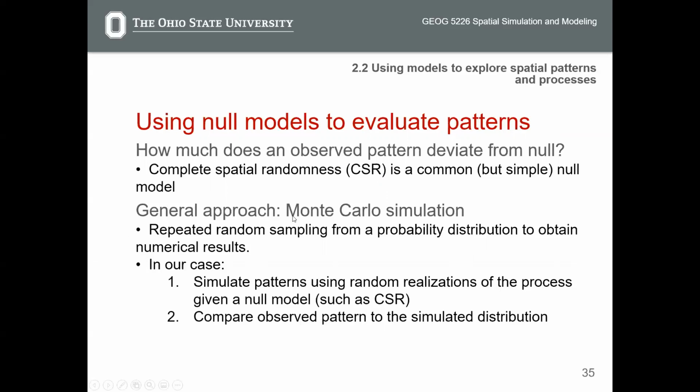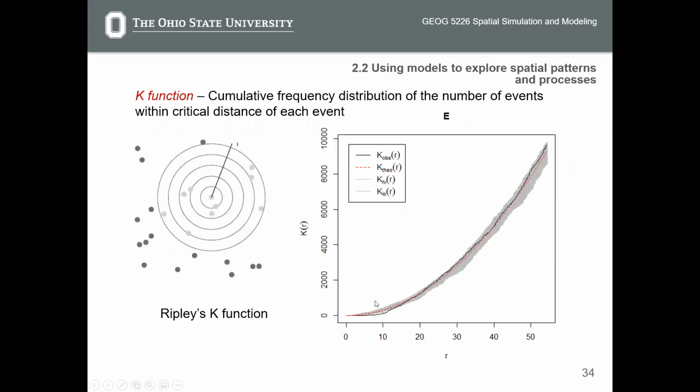So a general approach is called a Monte Carlo simulation: repeated random sampling from a probability distribution to obtain numerical results. This method has been widely used in different disciplines, different sciences, okay? So in our case, we simulate patterns using random realizations of the process given a null model, for example, CSR, and compare the observed pattern to the simulated distribution. This is it, right? This is actually the Monte Carlo method. We run a model many times to form this shaded area, in other words, this envelope.